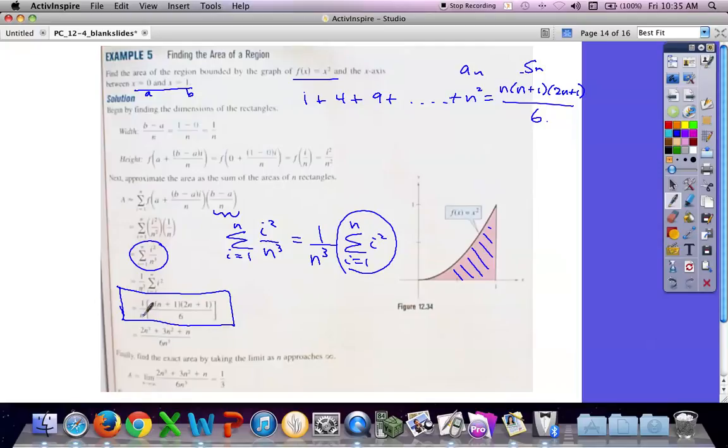We have the 1 over n to the third and the 6 in the denominator. You've got the 2n times n. So we end up with 2n to the third over 6n to the third. And you take the limit and you get 2 over 6, 1/3. So the area under the curve between 0 and 1 is 1/3.